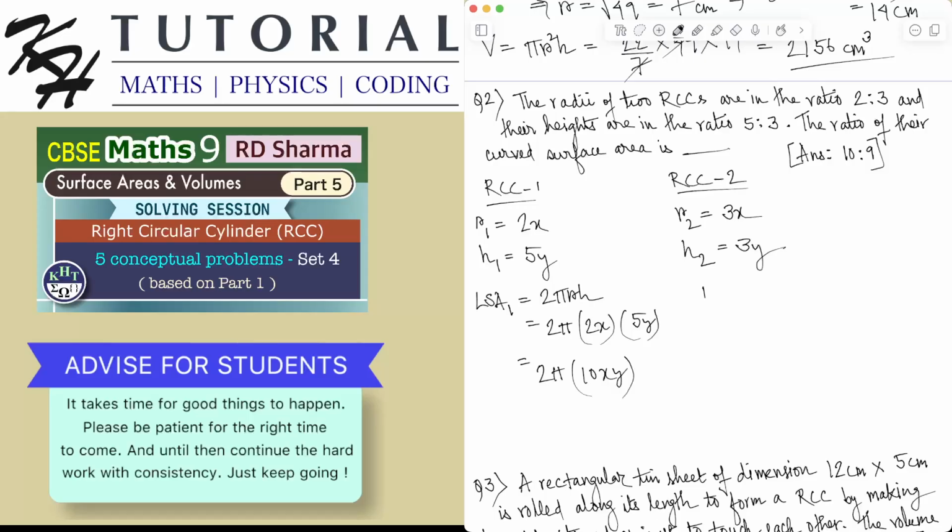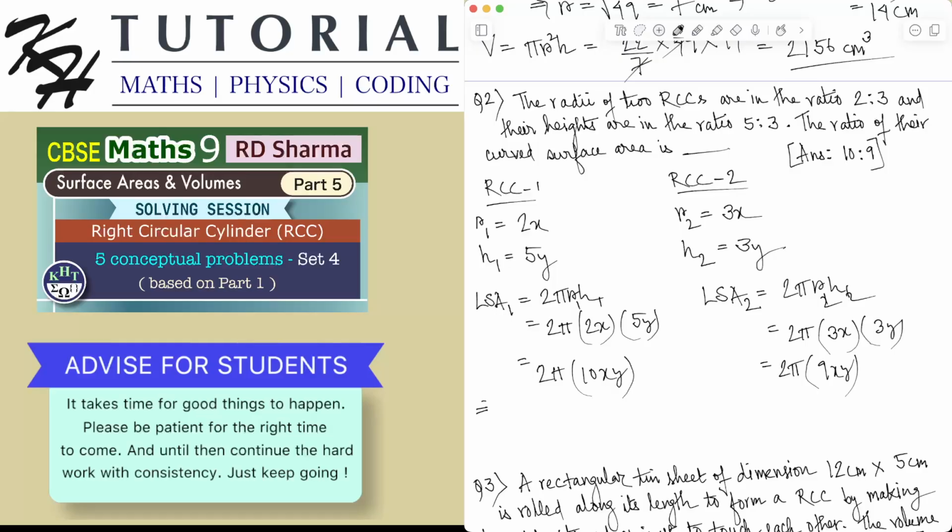What will be the lateral surface area of the second RCC? It will be 2 pi R2 H2. Sorry, the first was R1 H1 and this is R2 H2. This is 2 pi, R2 is 3x and H2 is 3y, which is equal to 2 pi into 9xy.